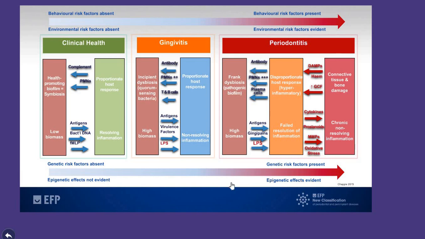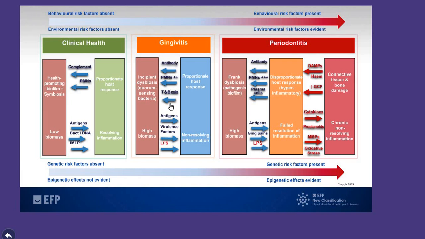As you know, there is a balance between the attacking antigens and the normal body immune response, and this condition is called symbiosis, when you have an equilibrium between the biofilm and the immune response. So you have a balance, and this case is called clinical health. The body can resolve the inflammation by itself.